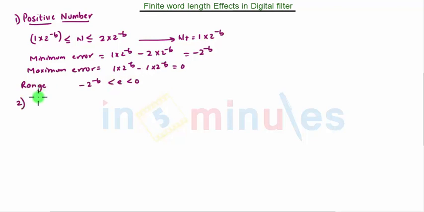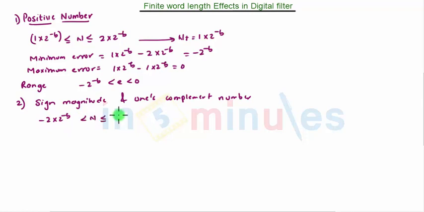The second case is sign magnitude and 1's complement number. So unquantized negative number will be in the range of minus 2 into 2 raised to minus b to minus 1 into 2 raised to minus b, that can be truncated into minus 1 into 2 raised to minus b.